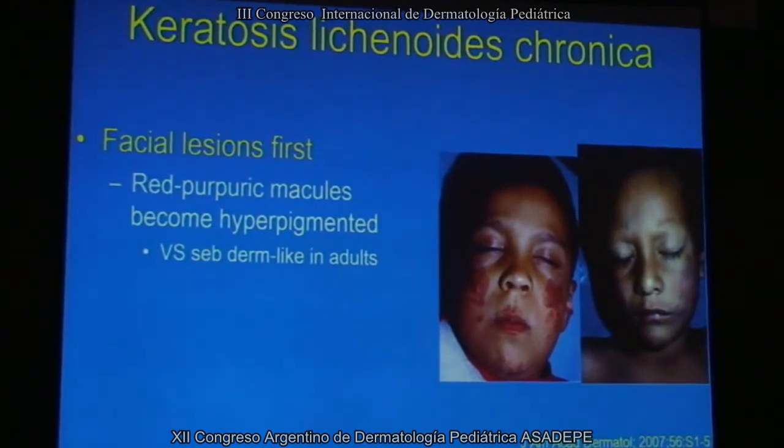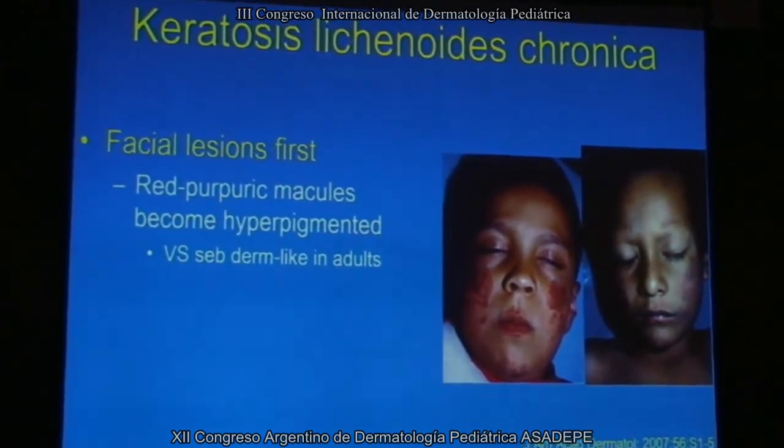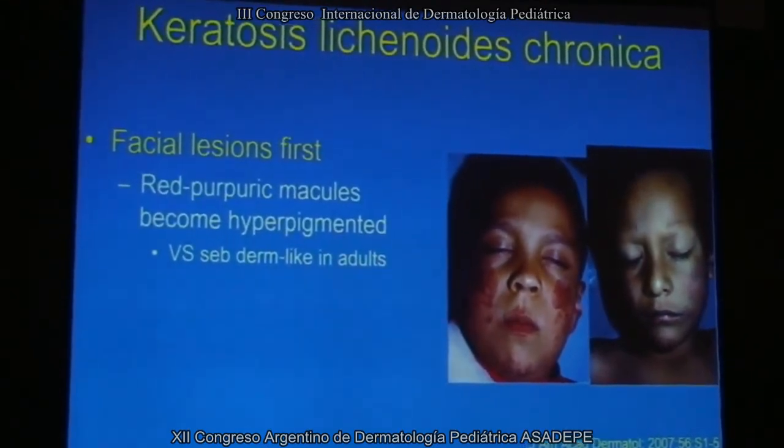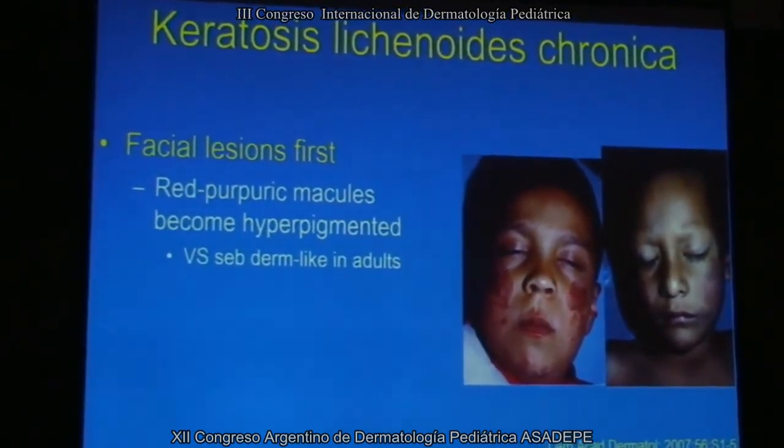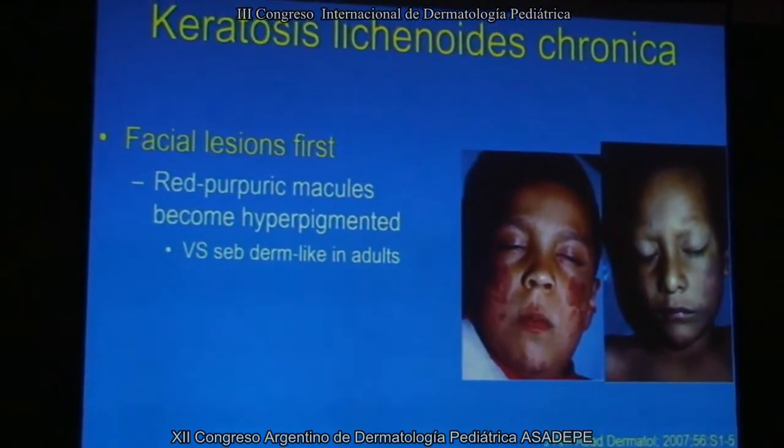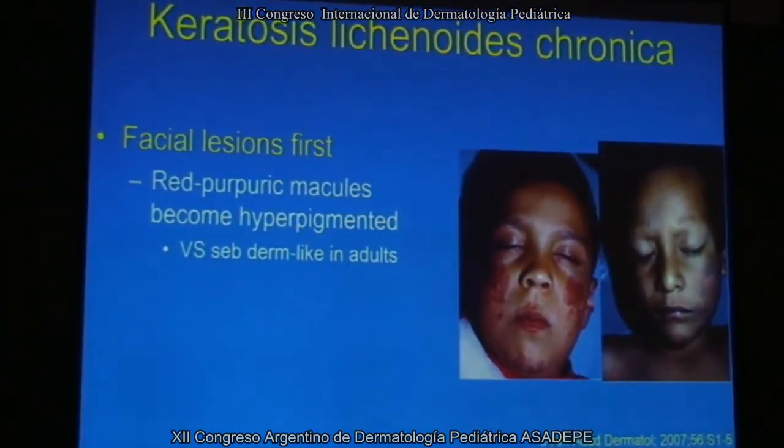With time, the red purple color fades to a more hyperpigmented appearance. This is different than in adult patients, where the facial lesions are reported to be more consistent with seborrheic dermatitis.